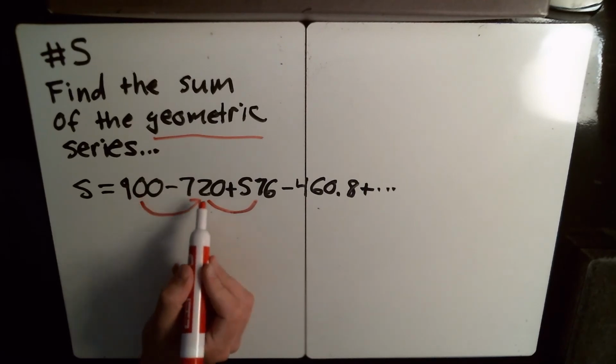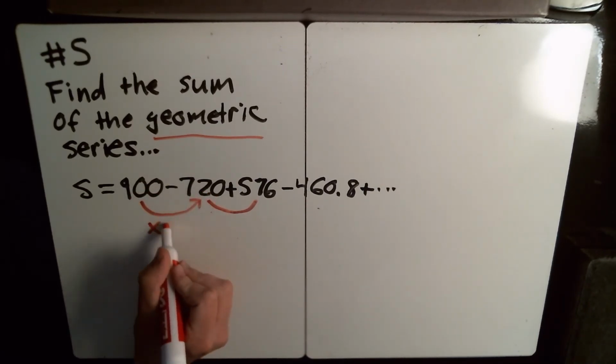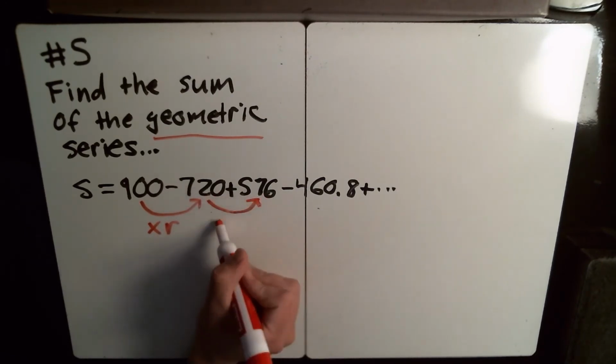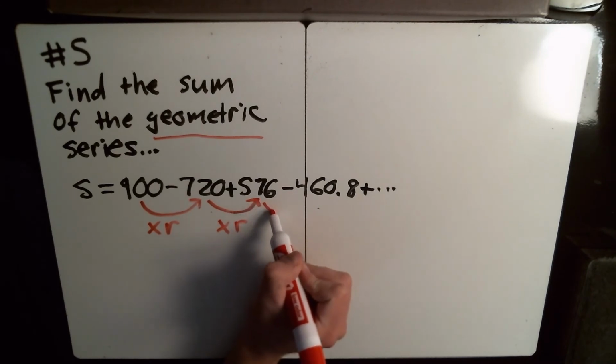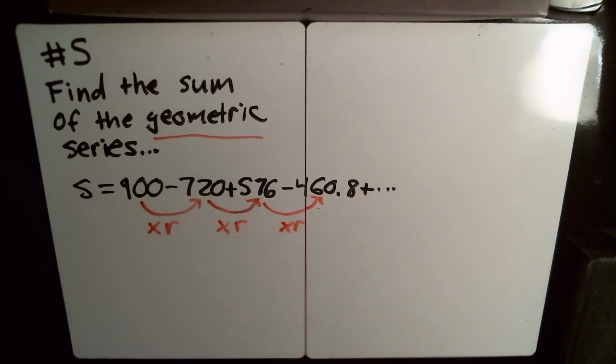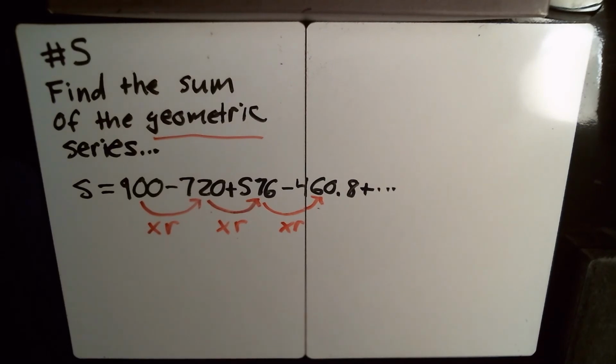So every time I go from one term to the next term, I'm timesing by r, whatever that r is, because it should have a common ratio. So what should r be in this particular problem?